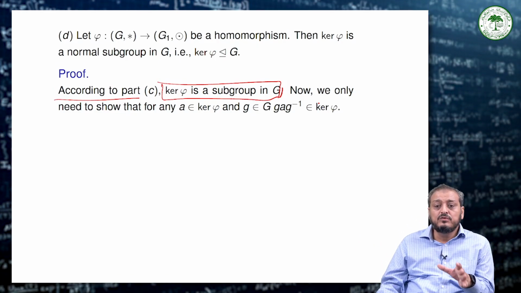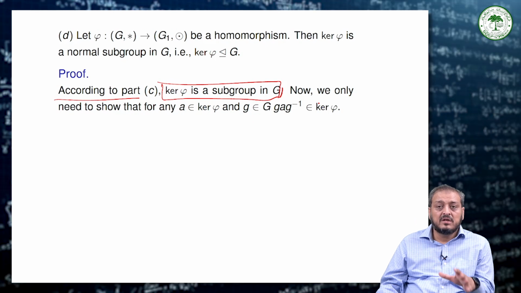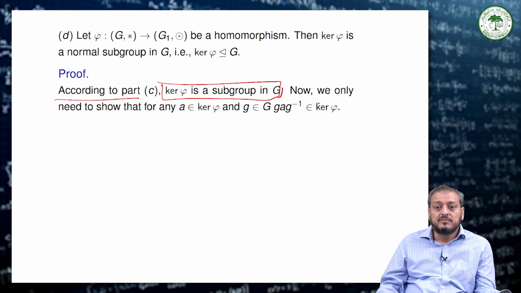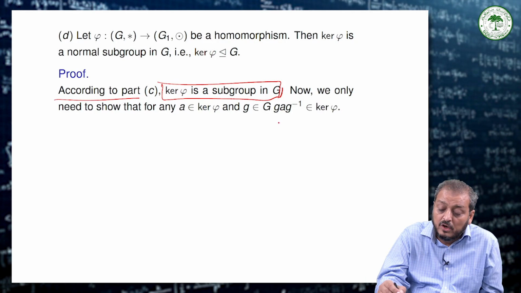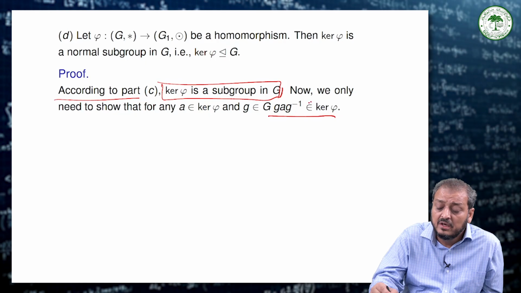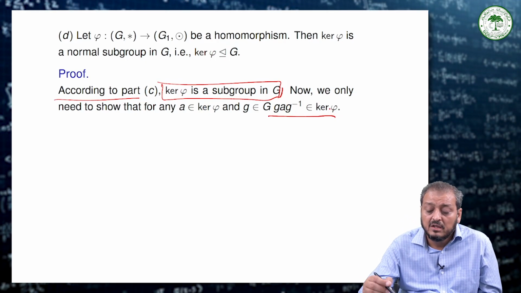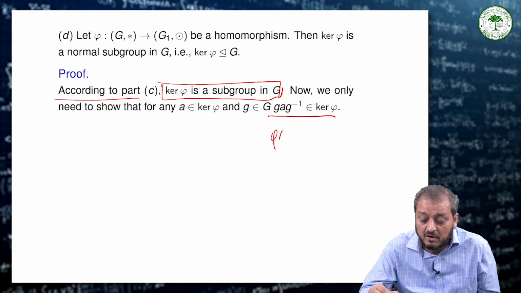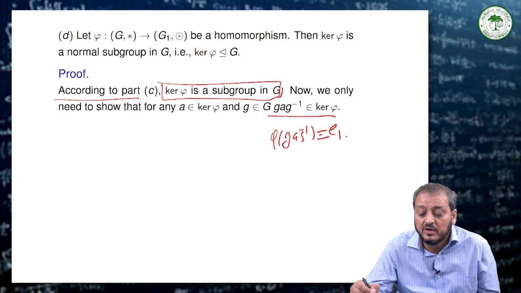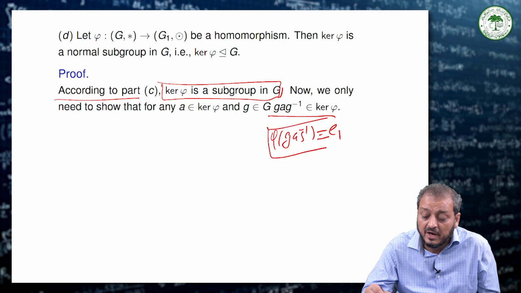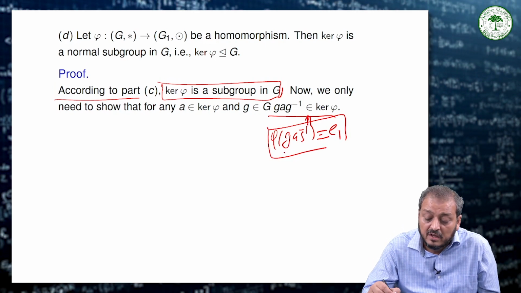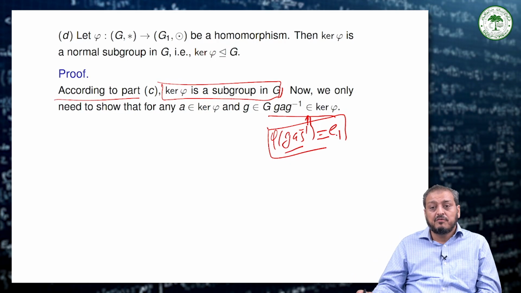If we succeed in proving this, then we can say that the kernel of phi is a normal subgroup of the group G. So we try to show that phi of G inverse A G is equal to the identity of G1, which says that this is an element of the kernel of phi.